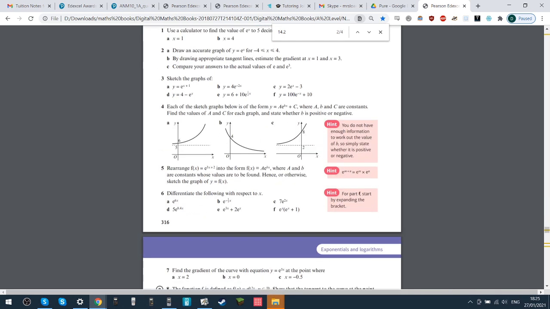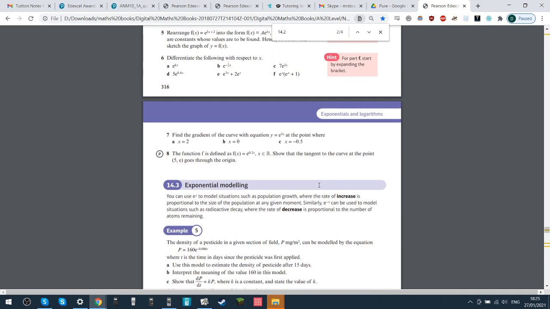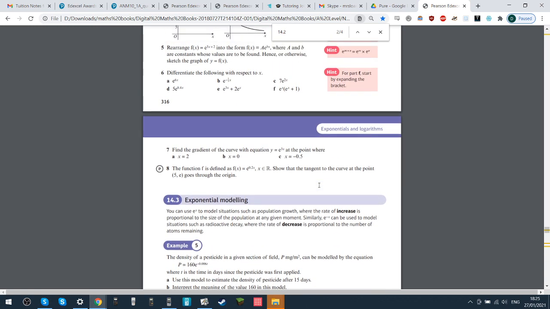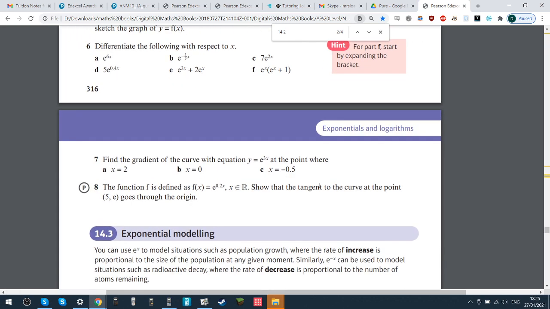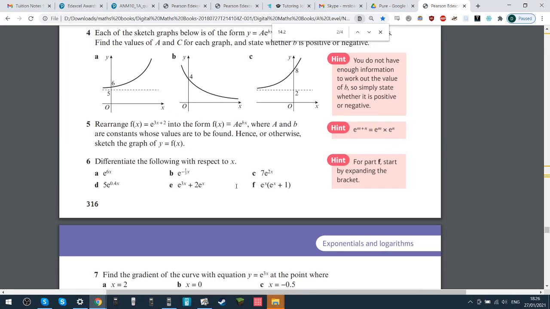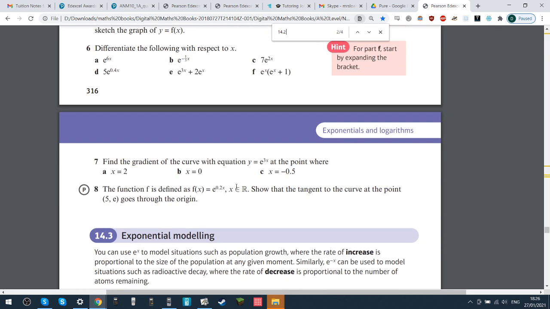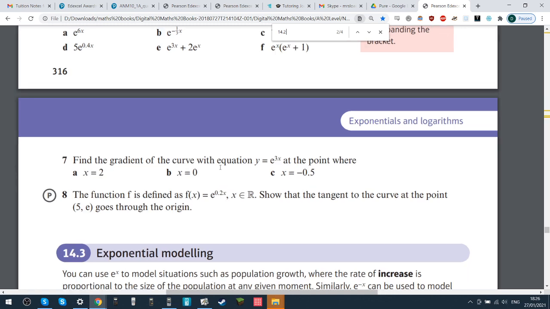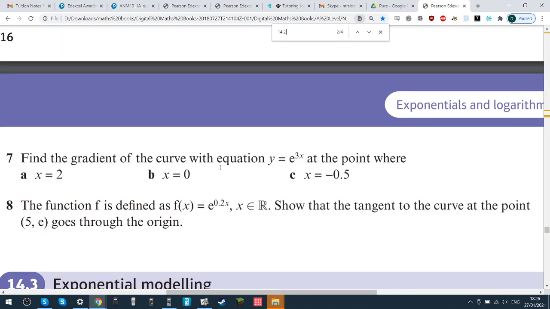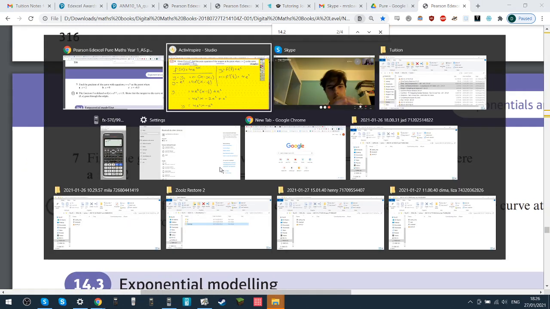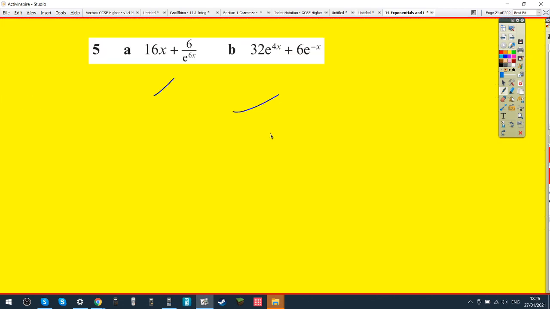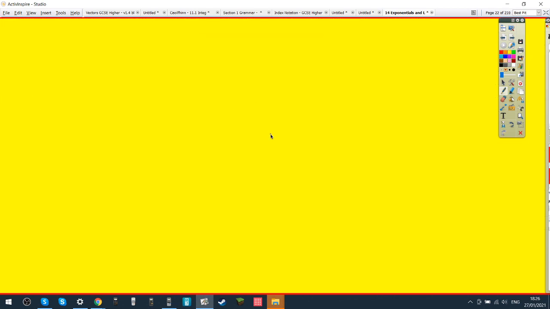So I want to see, find the gradient of the curve. Yeah, hang on, differentiate. Okay, it's a little bit simpler. Let's try this one.